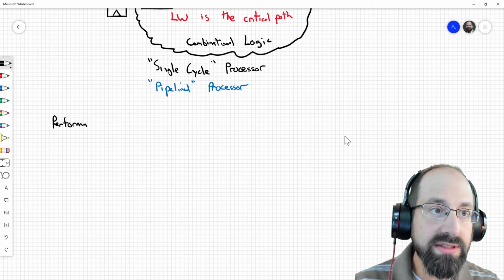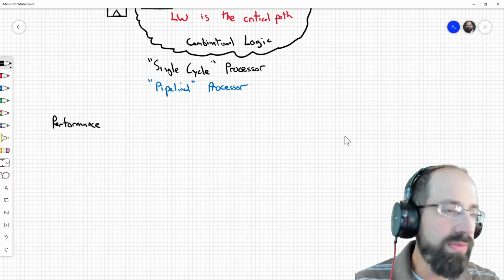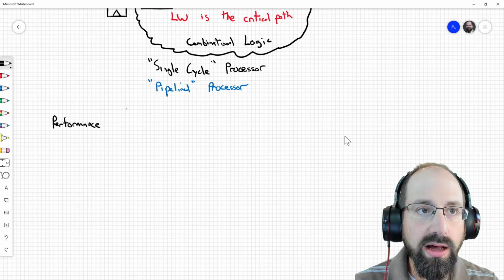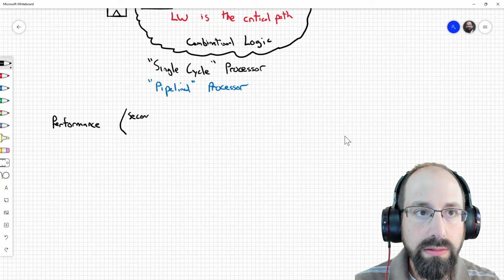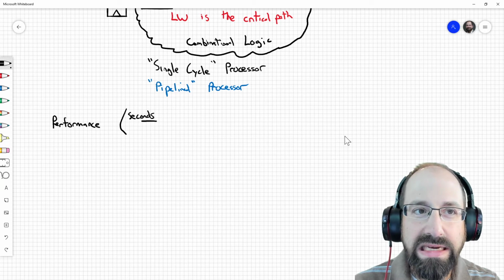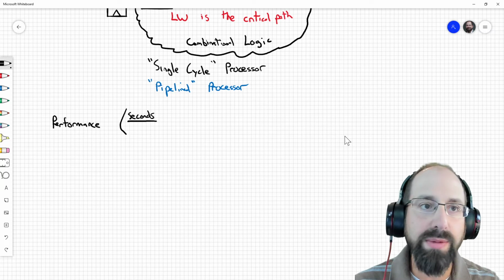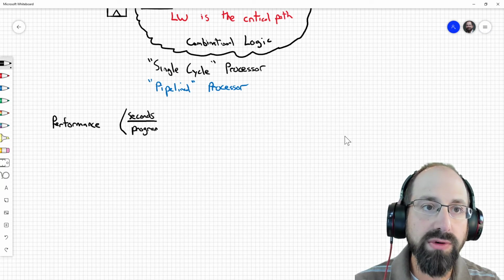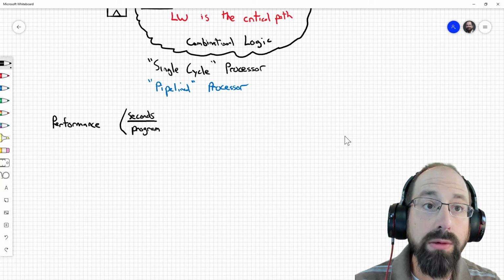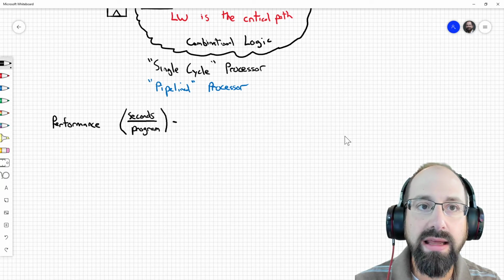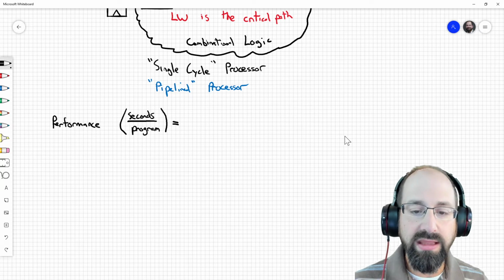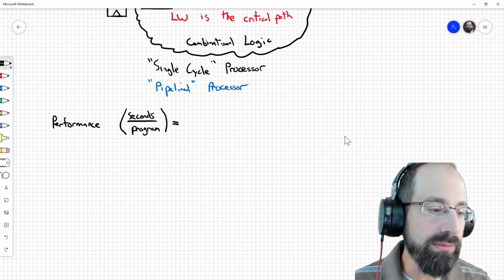In this case, we'll say performance of a program would have units of the type seconds or some time scale where there really isn't a secondary unit, but you can think of it as seconds for a task, or in this case, maybe seconds to run a program. Which, if we care about the performance of our computing system, is one way we could measure it. How long does it take to run this program given this set of assumptions?